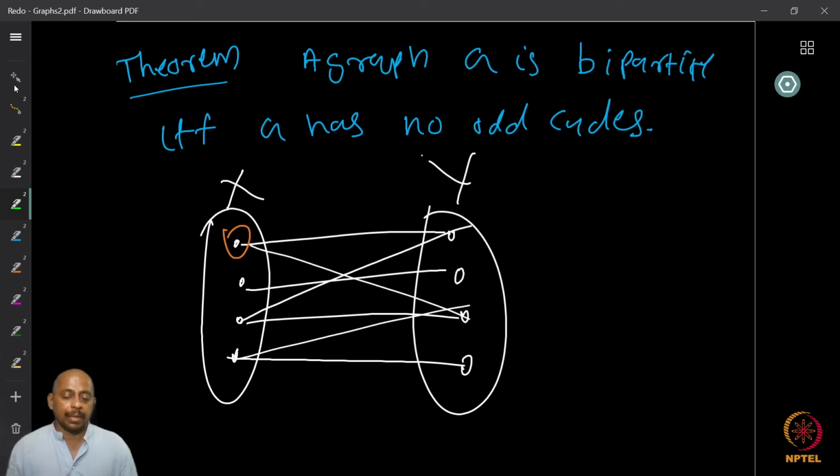Why is that? If the graph is bipartite, let us think of any cycle. I start from a vertex, and after taking edges, I have to come back to that vertex. Since the graph is bipartite, any edge alternates the sides.